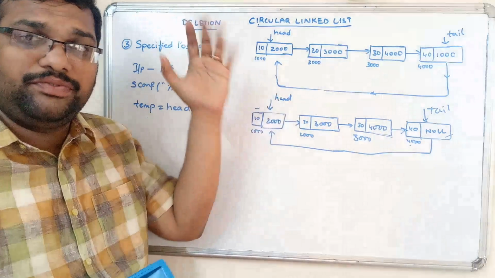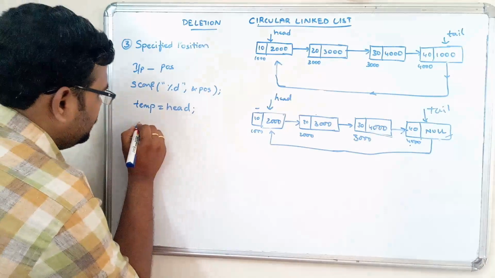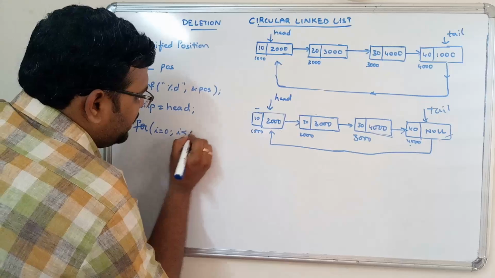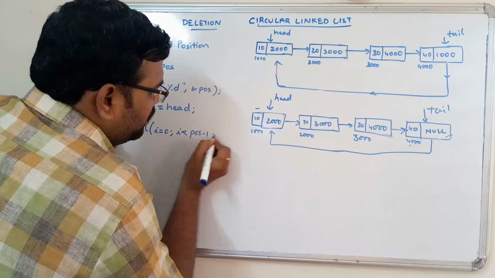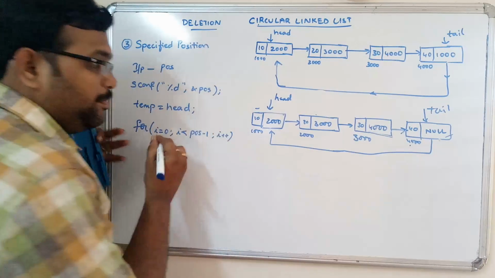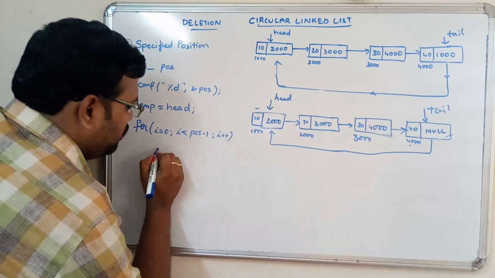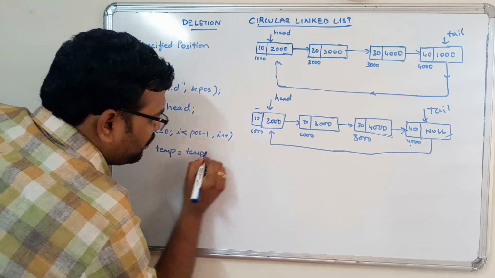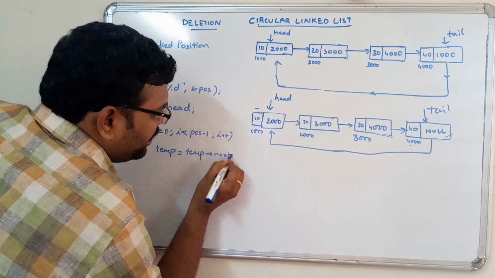This is a code which we have seen in the single linked list. Simply do the iterations: i equal to 0, i less than position minus 1, i plus plus. So temp is equal to temp of next.